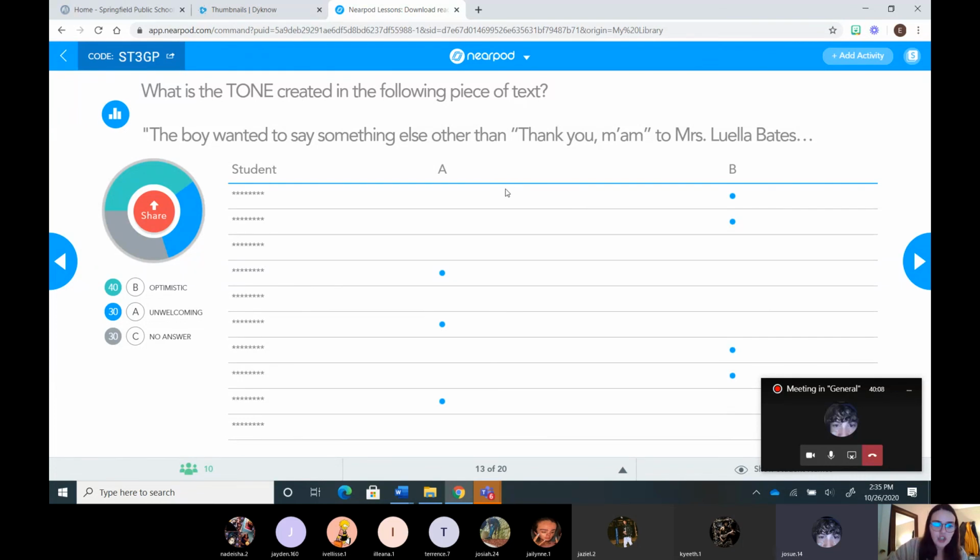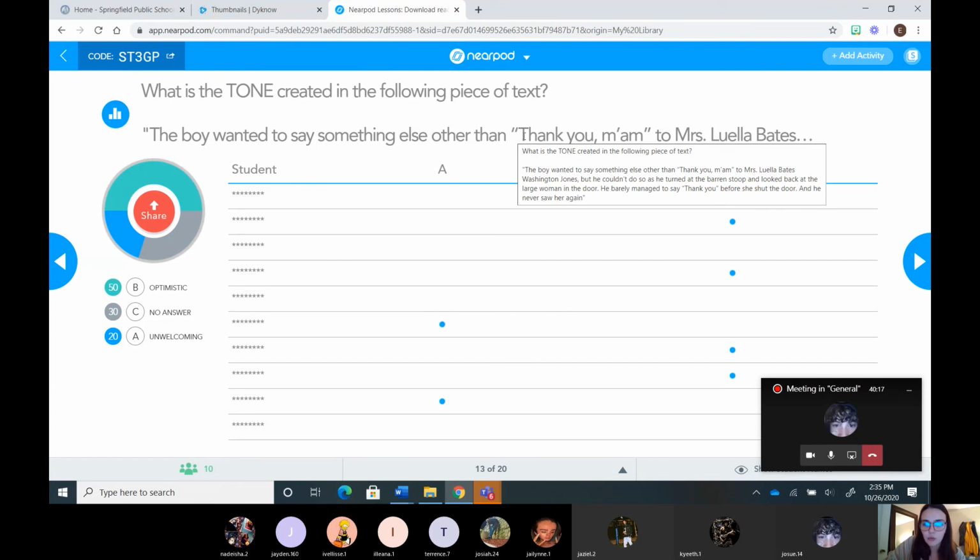Right, and has changed. So there's this tone of optimism, of positivity and hopefulness throughout this story. And especially here when we realize that Roger is saying thank you. Like he can't even think of anything else to say. And we all agree that he's clearly never felt unwelcomed in this situation, right? If anything, she made him feel welcome. So there was never this negative tone, negative language. Everything in this story was very positive, welcoming, hopeful, and optimistic.